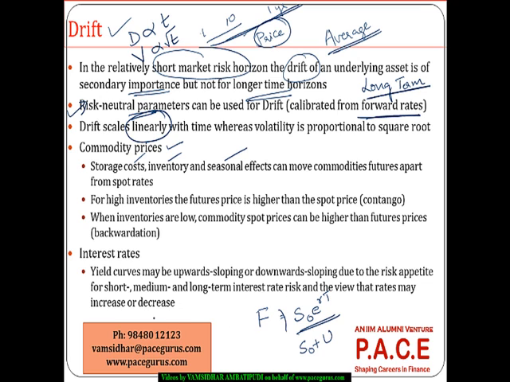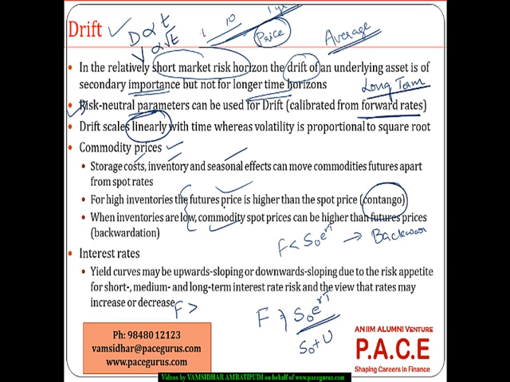So the futures price greater than the spot price is what we call a market in contango. And when we see that the futures price is much lesser than the expected spot price, we look at it as backwardation. Now, in reality, the market could be either here or here, right? That's again a point of contention.